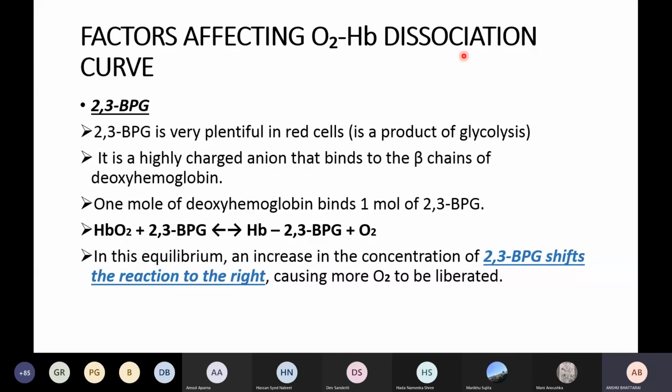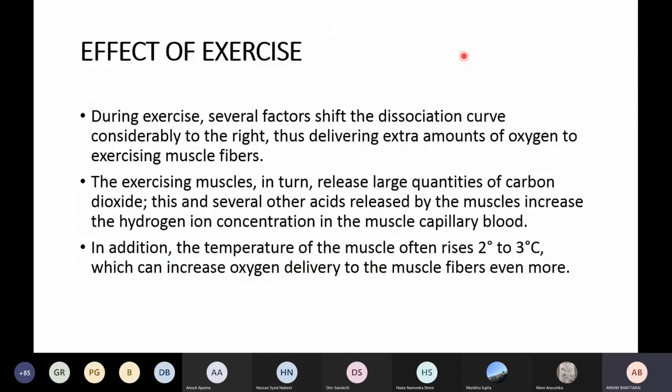Because it is releasing oxygen from hemoglobin. So a higher partial pressure of oxygen is required for saturation of hemoglobin. This is again an important factor for shifting the curve to the right. So just remember, you cannot forget pH, temperature and 2,3-BPG. These are the most important factors that shift this curve to the right.